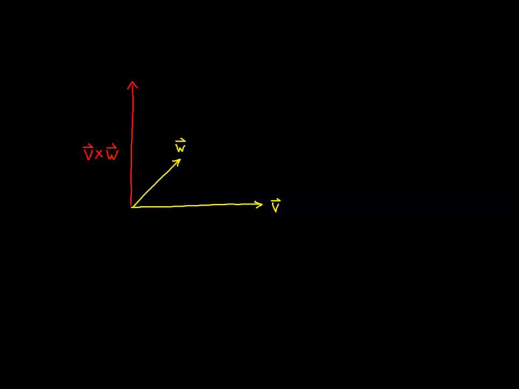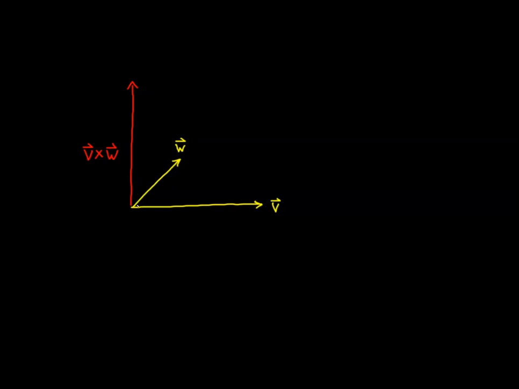And to establish the direction, remember we said that the cross product is perpendicular to each of the two vectors. So it's going to be perpendicular to v right here. And then it's also perpendicular to w, which is going back into the page, as I say.